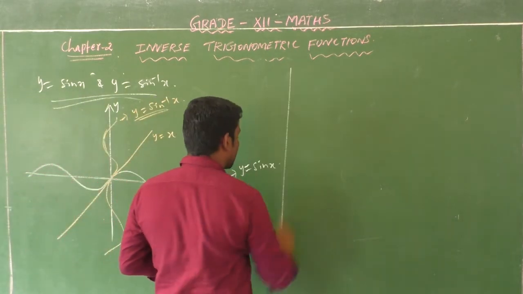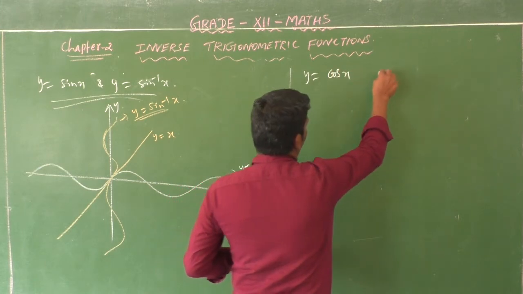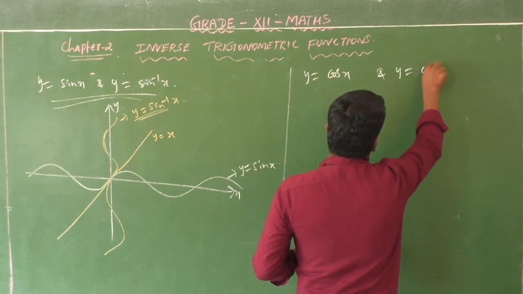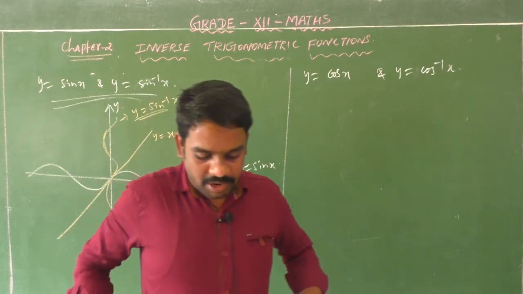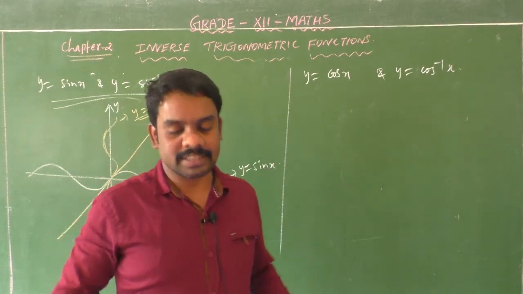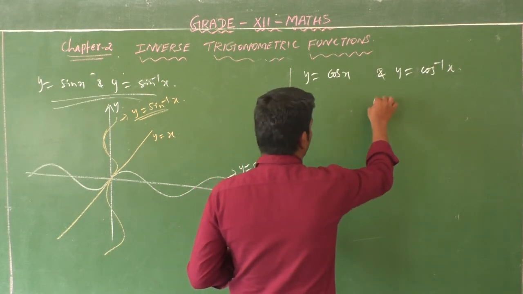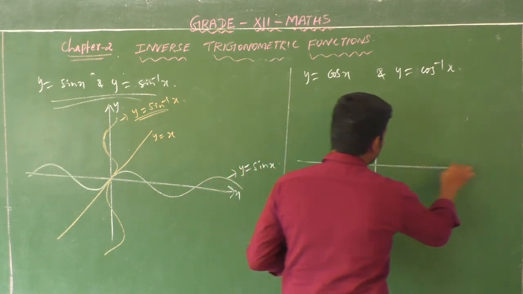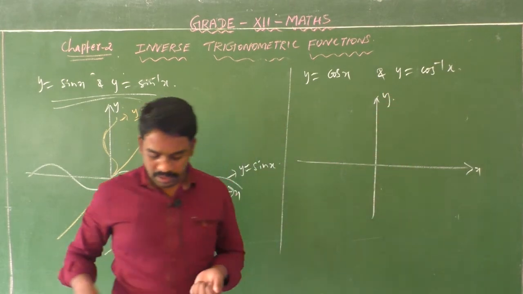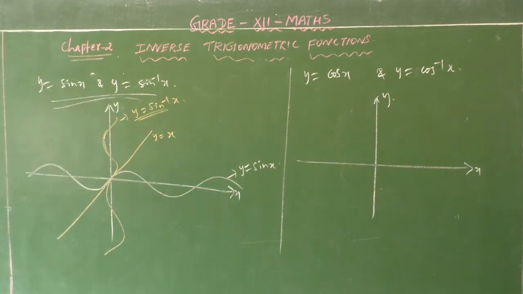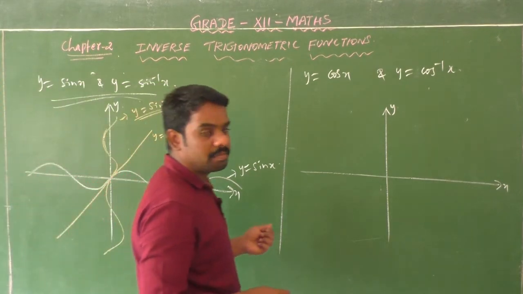Next, compare the y equal to cos x curve and the y equal to cos inverse x curve. Right, listen. First we draw the y equal to cos x curve. This curve is very simple.